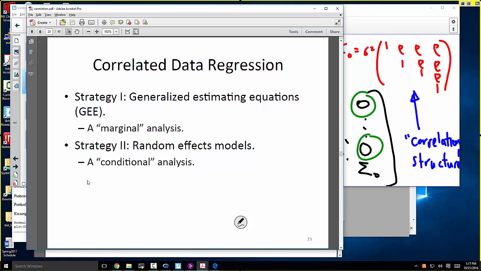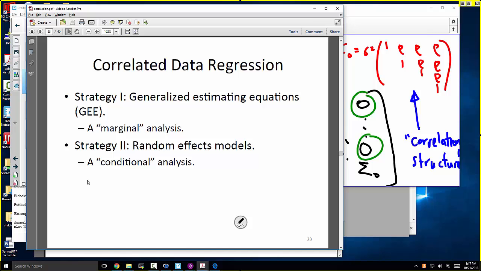These are very different in the way that they're represented and in the way that they're estimated. They may have different interpretations, or they may not, depending on the type of data you have. But they are fairly different in what they're doing.